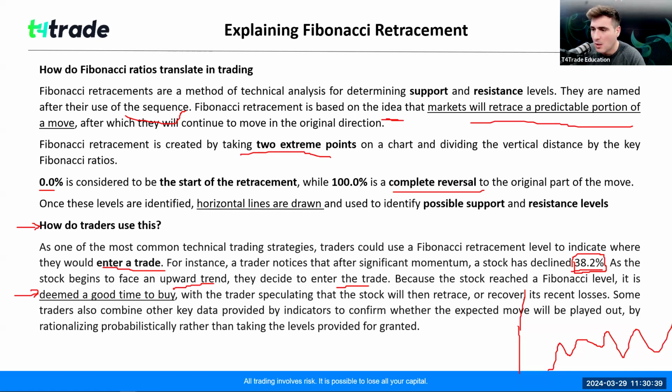Why not? Okay, so some traders also combine other key data provided by other indicators to confirm whether the expected move will be played out, rationalizing probabilistically rather than just taking the levels provided. So please do not use the Fibonacci retracement tool by itself.